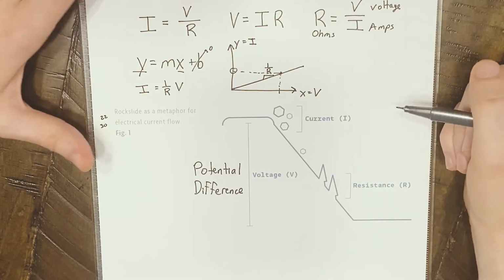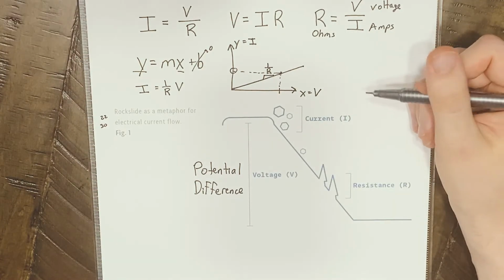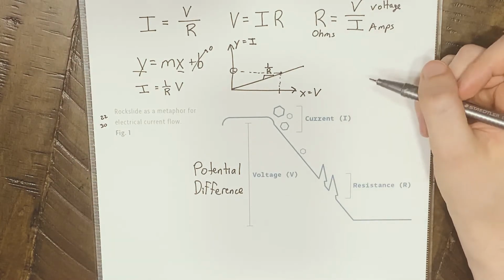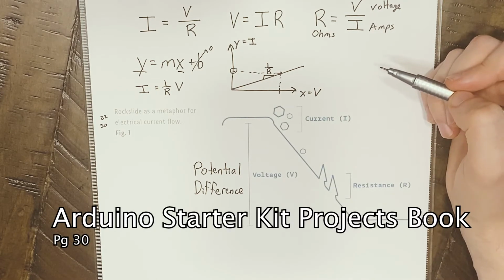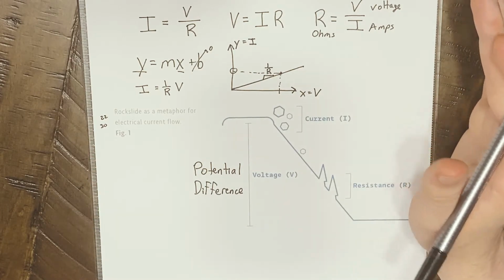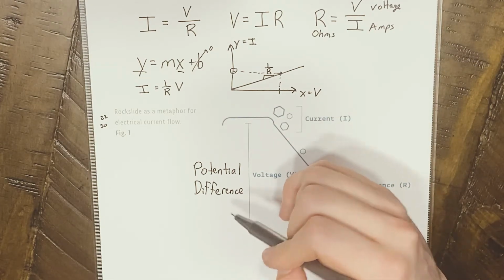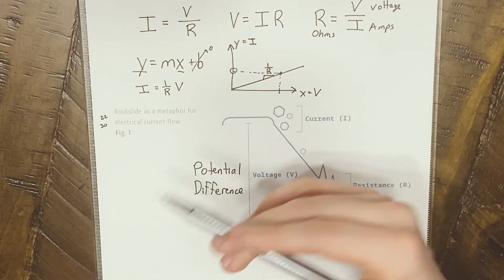So now let's look at an example of how to use Ohm's law and why it's relevant. The example I'm going to be using is actually on page 30 of the Arduino Starter Kit Projects book. It gives a very relevant example to the first tutorial in that book, and if you haven't seen that video on this channel, please go and check that out now.